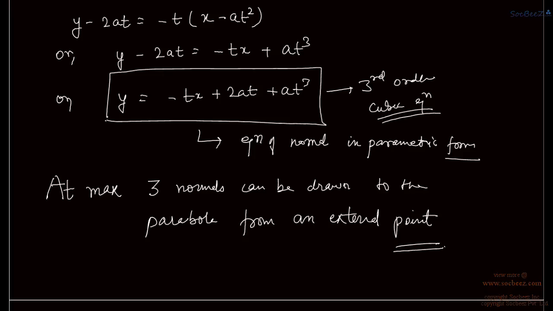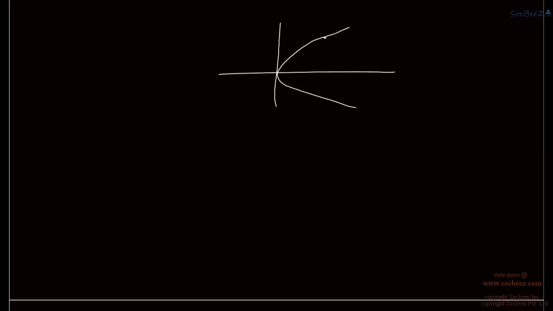So we have seen the condition of tangent to a parabola and the equation of normal to the parabola, right? In parametric form. In point form, the slope of normal, say if we want to write the equation of normal at a point P, say x1, y1. So y1² is equal to 4ax1.